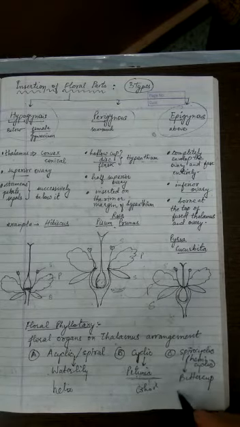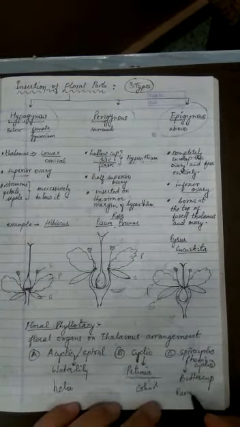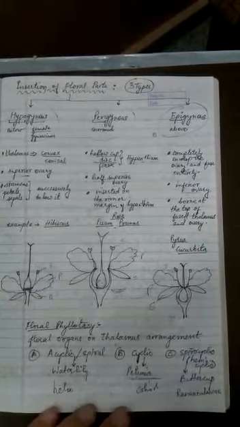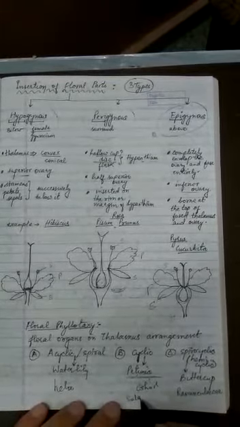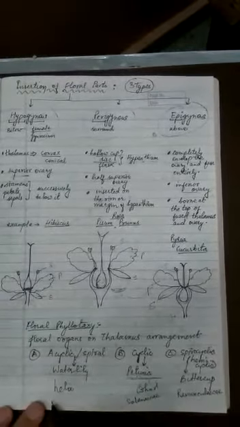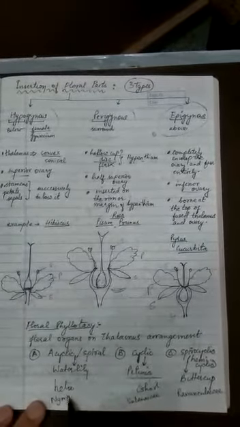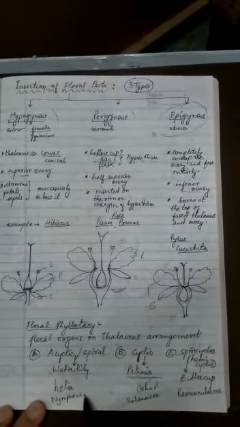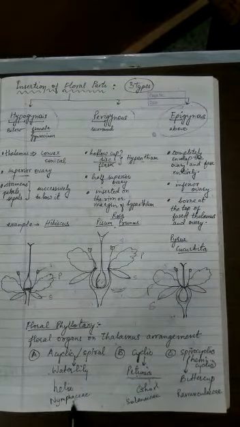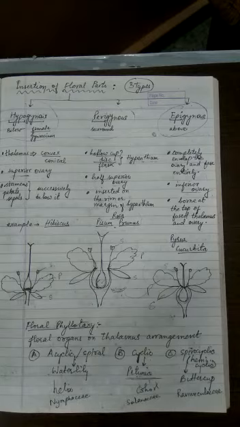So in Ranunculaceae family, you will find spirocyclic. In Solanaceae and many other families you will find cyclic. And in the case of Nymphaeaceae family, Nymphaea is the scientific name of the water lilies. So in these families you will find such type of floral phyllotaxy.